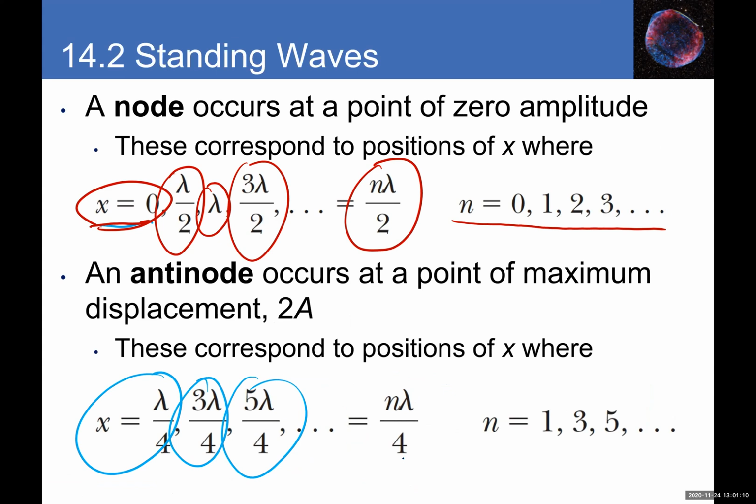So basically n times lambda over 4, where n is an odd number. You can see right here, n is a whole number, right? n equals 0, 1, 2, 3, 4, and things like that. Where here n is an odd number. So 1, 3, and 5, and things like that. So that's basically where the antinodes occur.